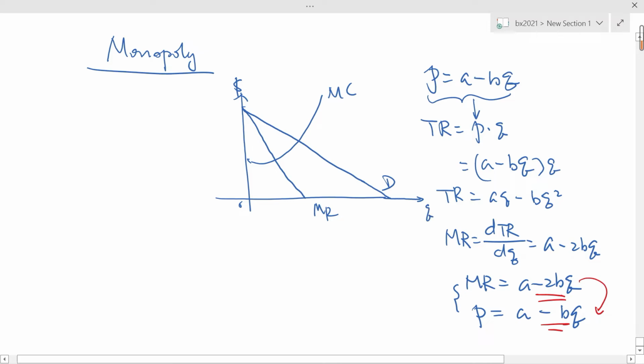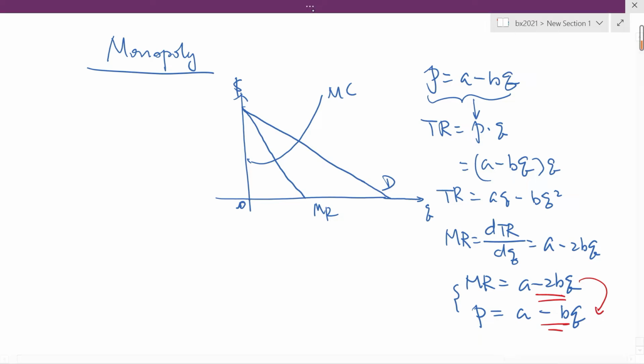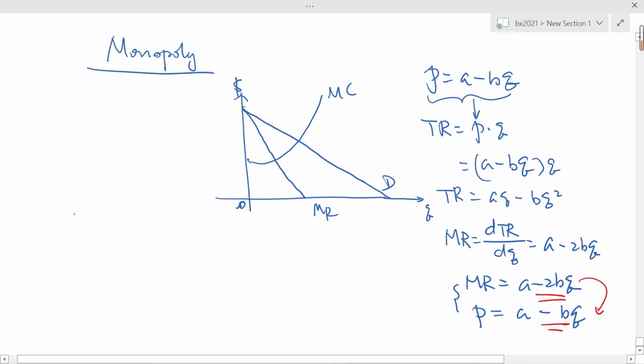Okay, now let's think in terms of margin. Let's start from zero output. Should I produce the first unit? For the first unit, I'm going to think in terms of margin. What's the marginal revenue?